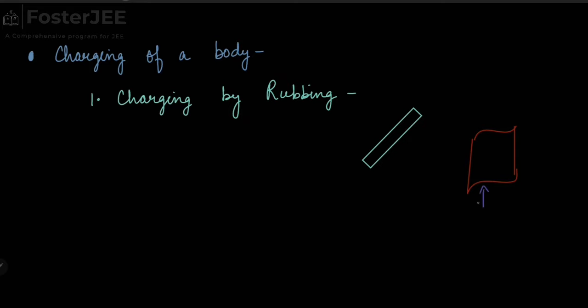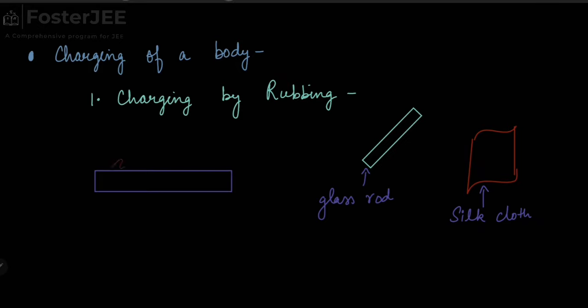Now suppose this is a silk cloth, and this is a glass rod. Suppose initially both are neutral, that is, net charge on both is 0. Now what we have done is we rub this rod with the silk cloth.